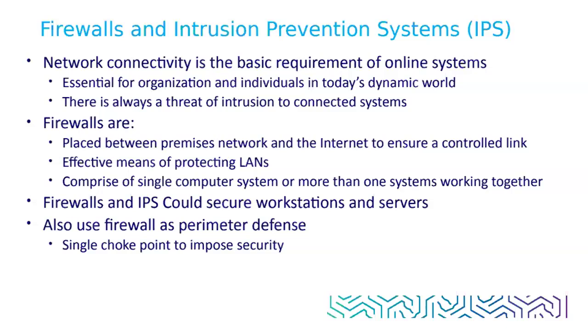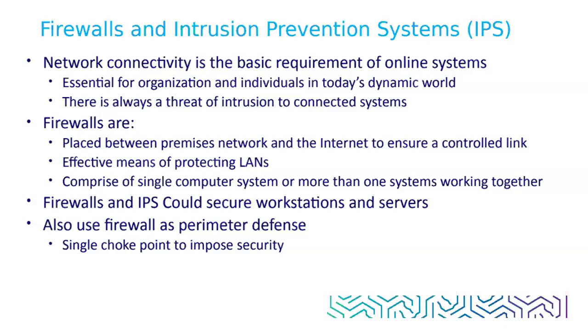Remember the five important components. The firewall, which controls the incoming and outgoing network traffic based on security rules. The intrusion prevention system, which will detect and automatically block malicious network activity. The perimeter defense, which protects the boundary between the internet and the internal network. The single choke point, a central location where all the traffic is inspected and security policies are enforced.